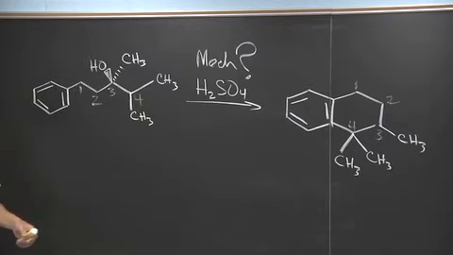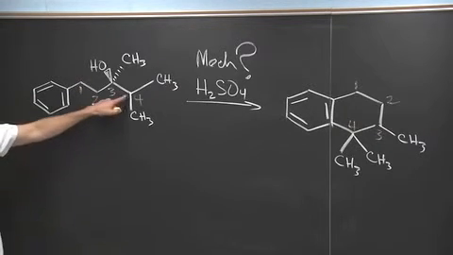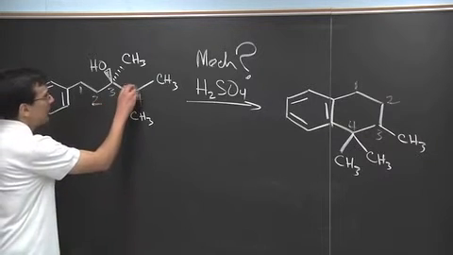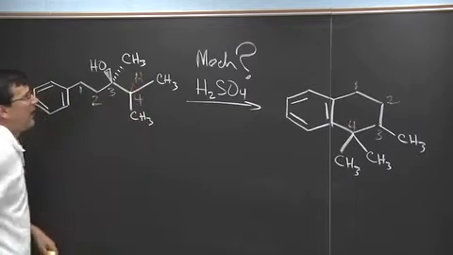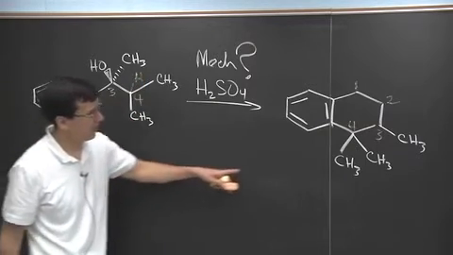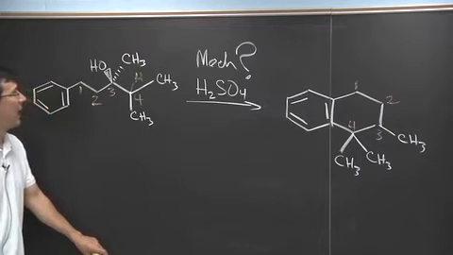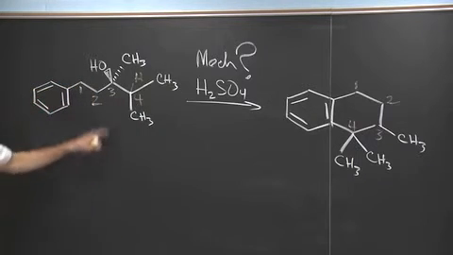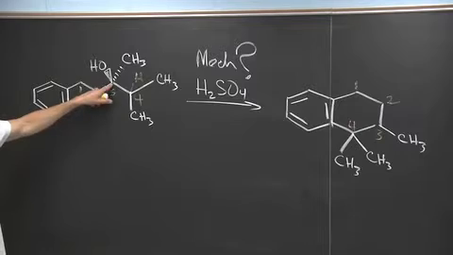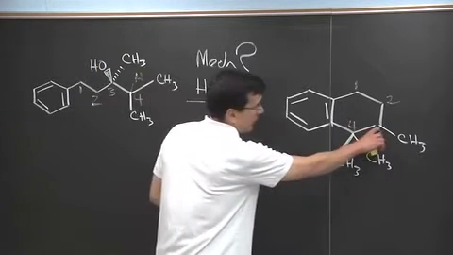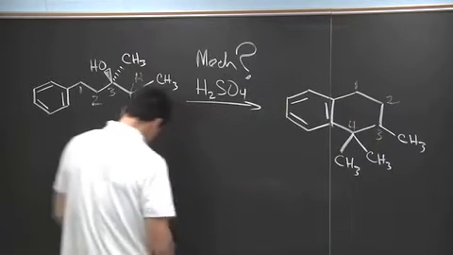Don't forget about the hydrogens, though. So if we look over here at carbon 4, there's a hydrogen. And that hydrogen is missing over here, so that hydrogen must somehow go away. And then the other issue is that at carbon 3, there's a hydroxyl group, whereas over here at carbon 3, there's not a hydroxyl group.